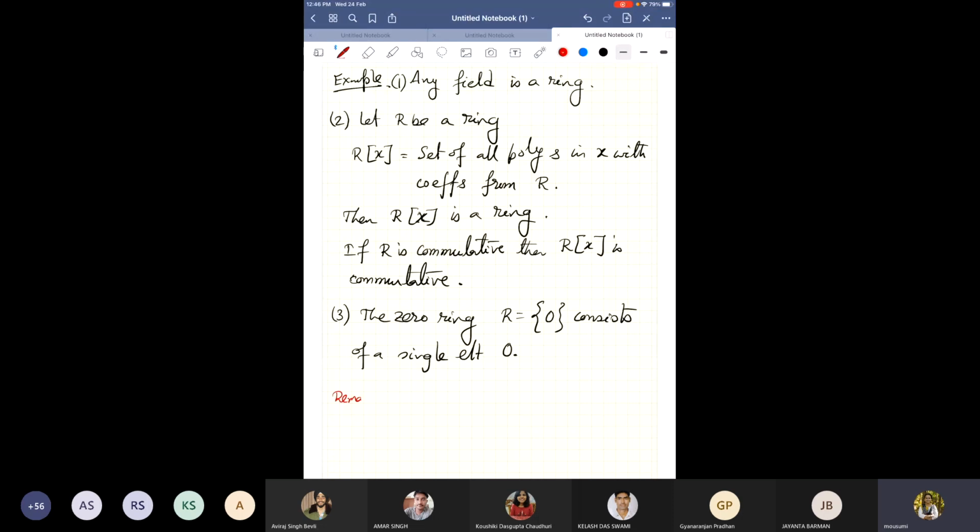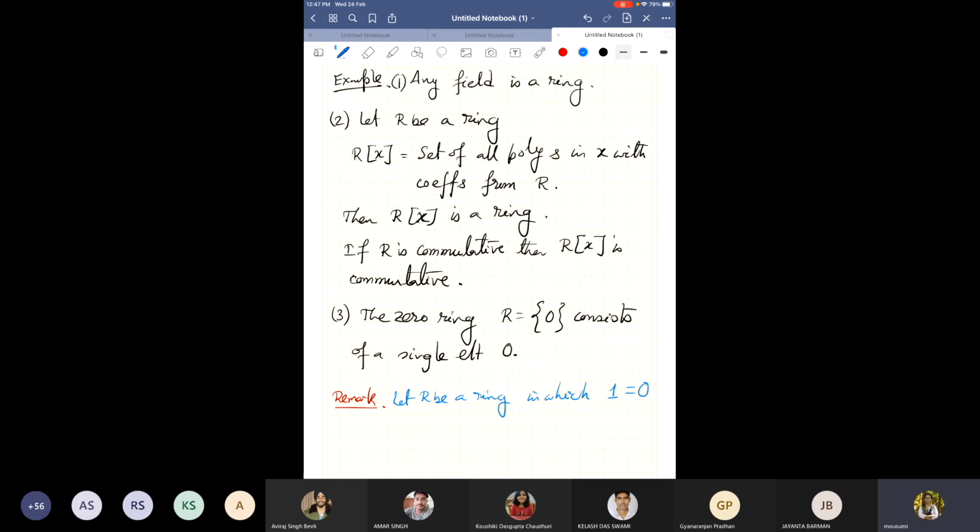Now let me put a remark here. Let R be a ring in which the multiplicative identity is the same as the additive identity.